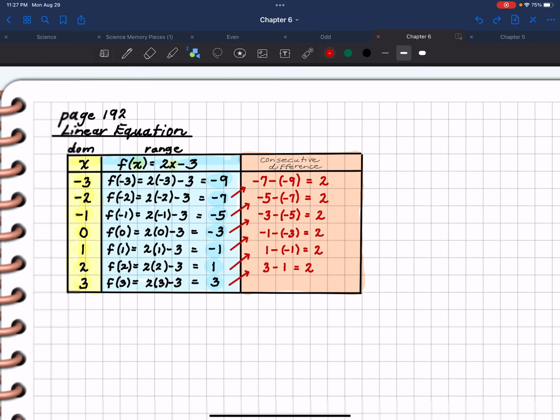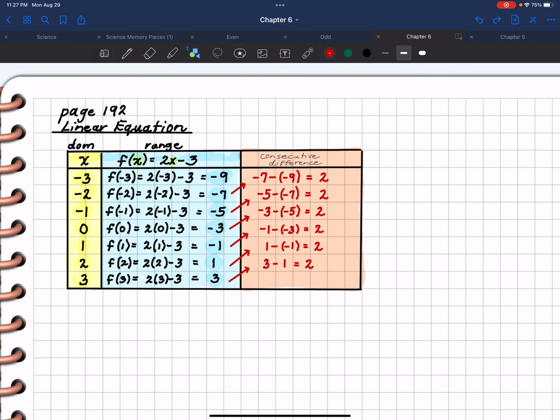So look at this. It doesn't matter what the x's and y's are, that pattern holds true.